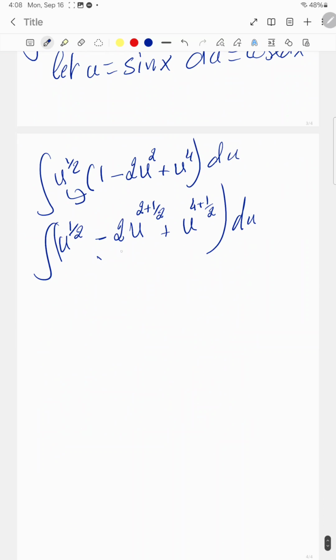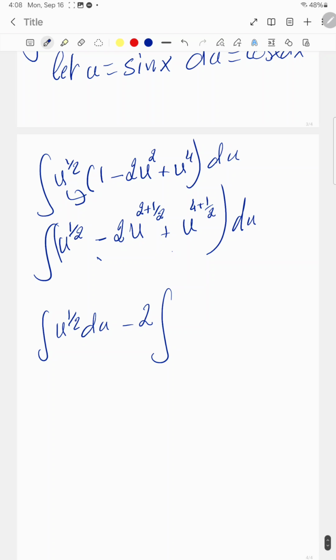And now because I have minuses or pluses, I can write it into many integrals. It becomes the integral of u to the power 1/2 du, minus 2, because it's a constant, I can put it outside, the integral of u to the power 2 plus 1/2, which is 4 plus 1 is 5, u to the power 5 divided by 2 du, plus the integral of u to the power 8 plus 1 is 9, 9 divided by 2 du.